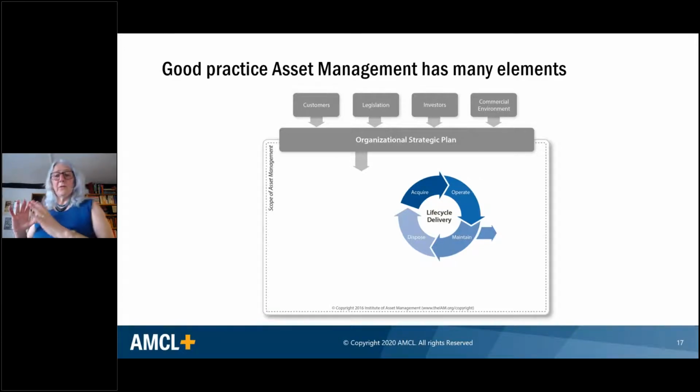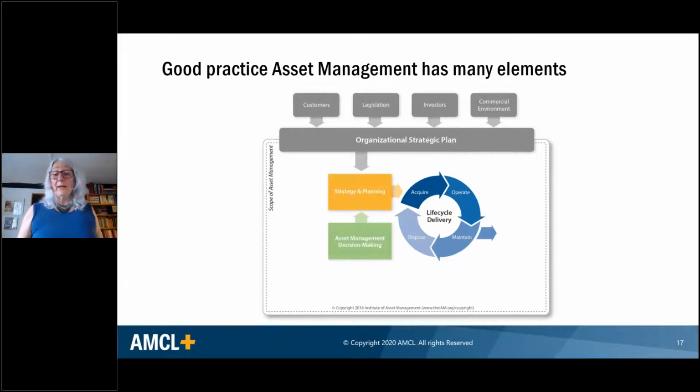No, asset management's not really about how we do delivery to the assets. It's really what we ask them to do in the first place, the what on the assets rather than how to do it. And that means that asset management is really here. It's about the decision making.